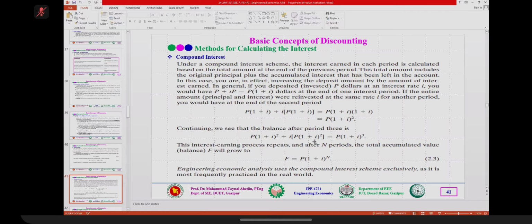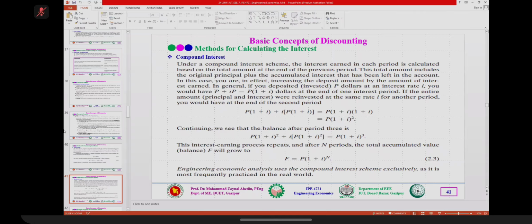Continuing, we see that the balance after period 3, from the 2, P into (1 plus i) squared, is P into (1 plus i) to the power 3. This interest earning process repeats, and after n periods, the total accumulated value capital F will grow to capital F equal to P(1 plus i) to the power n.